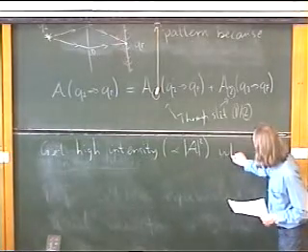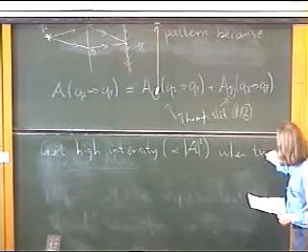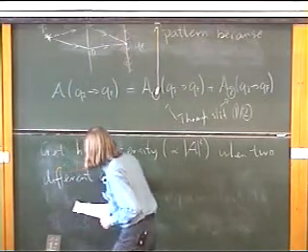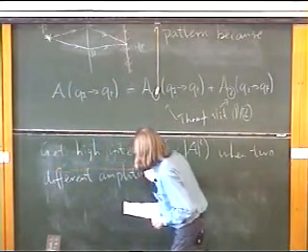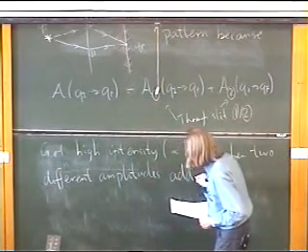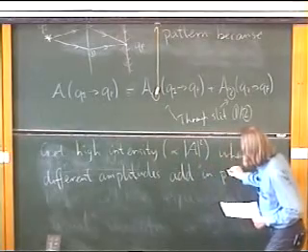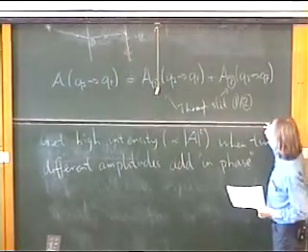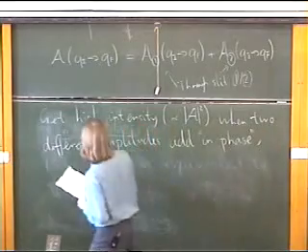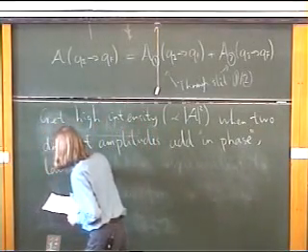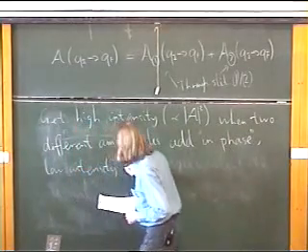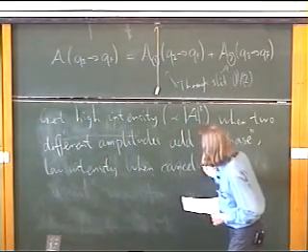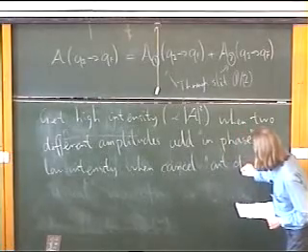So it's high when these two different amplitudes add in phase, so that's constructive interference in terms of waves, and of course it's dark or low intensity essentially when they cancel out of phase.